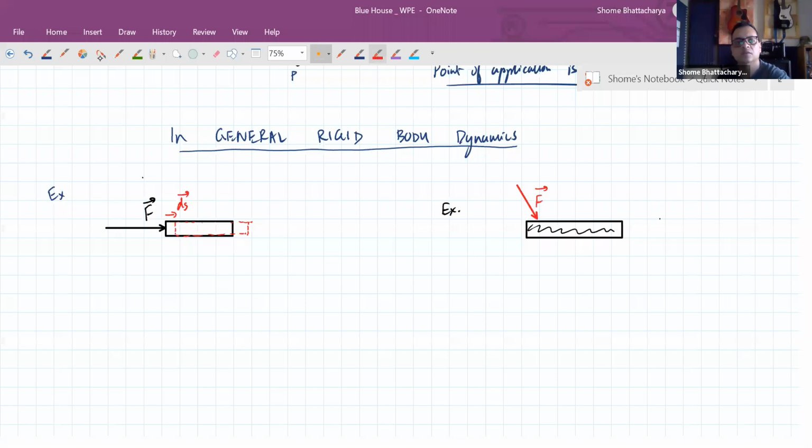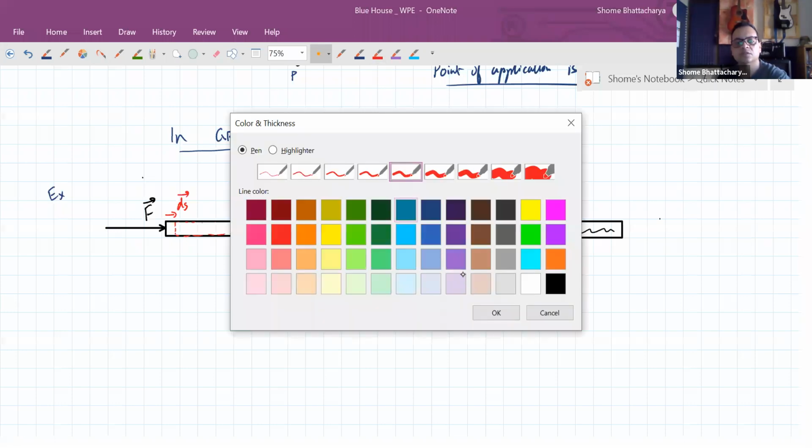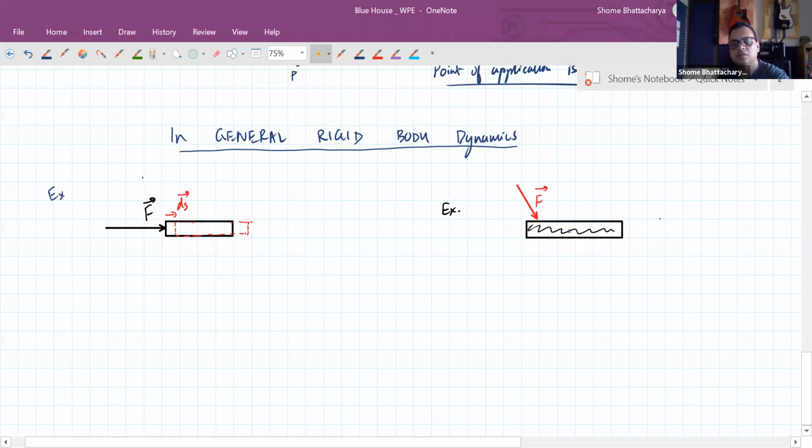Next, the body goes into a position where, let's say, it rotates and at the same time translates. So it goes from this position to this kind of position. Because it is in general going to start moving such that the center of mass will have a velocity like this.